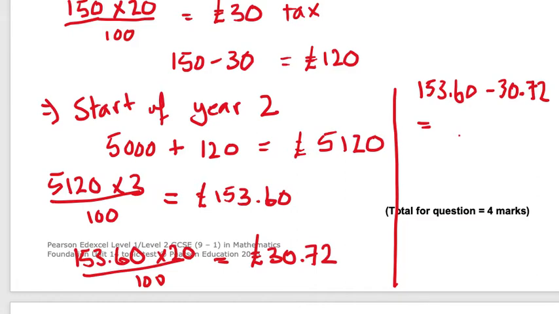And 153.60 subtract 30.72 gives us 122.88. So this is the amount that she gets paid. Last year she got 120 extra. This year she gets a bit more because she started with a bit more, which means that we start with the 5120, the start of year 2. We add the 122.88.